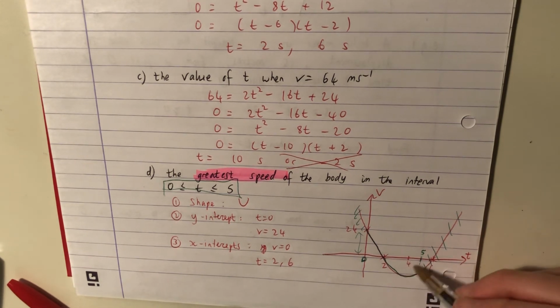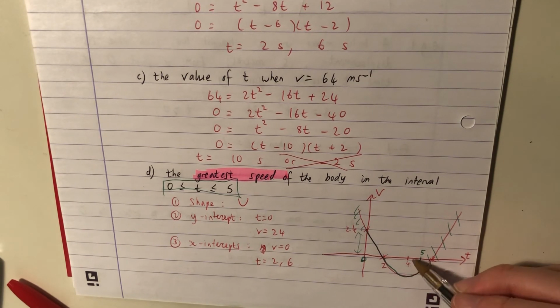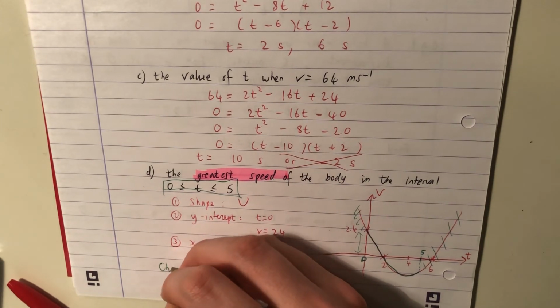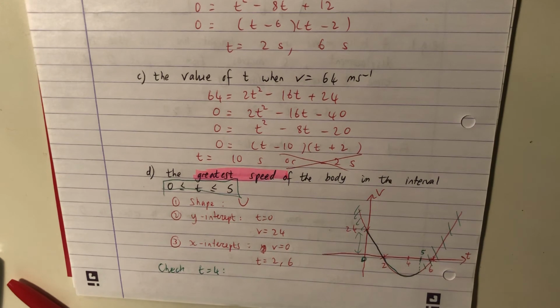And I've kind of given it away there because this curve is perfectly symmetrical. It would happen when t is equal to 4. So I've just got to check when t is equal to 4 and see what value that would give me.